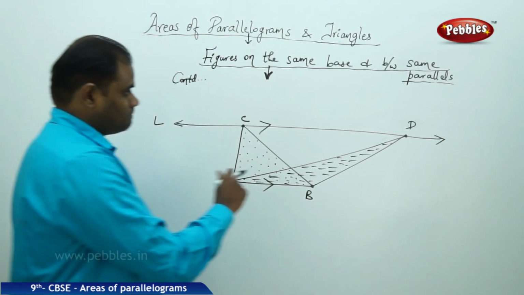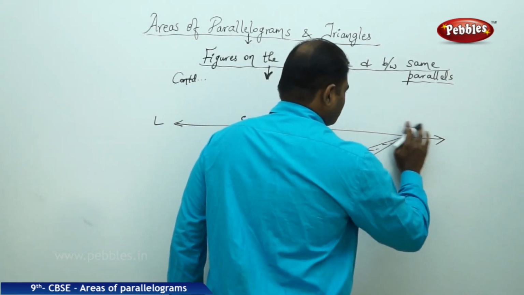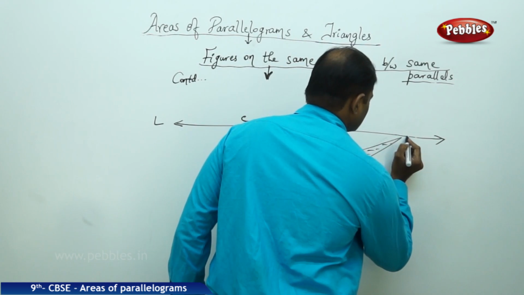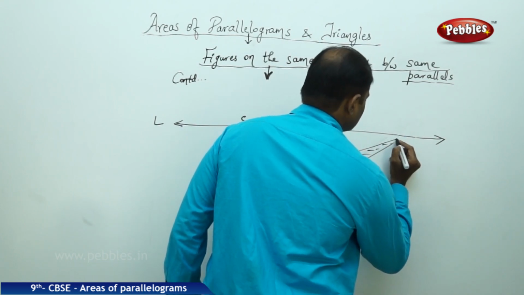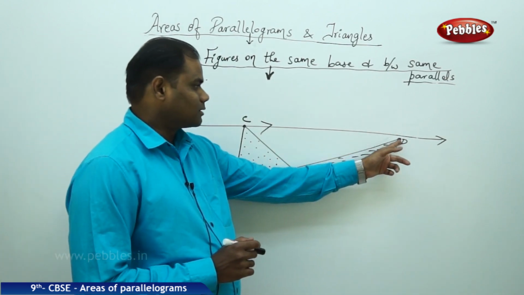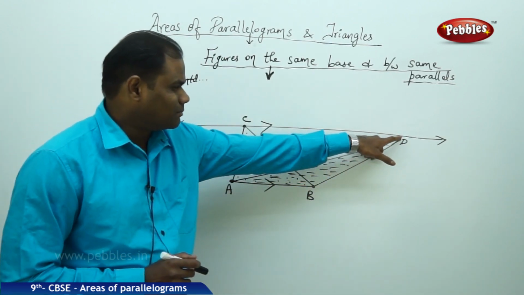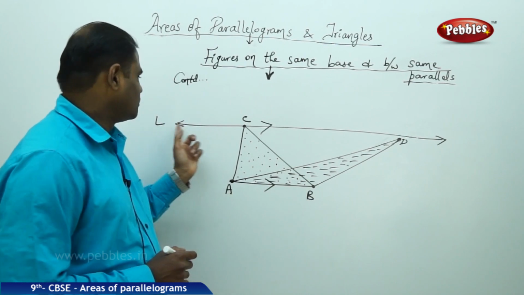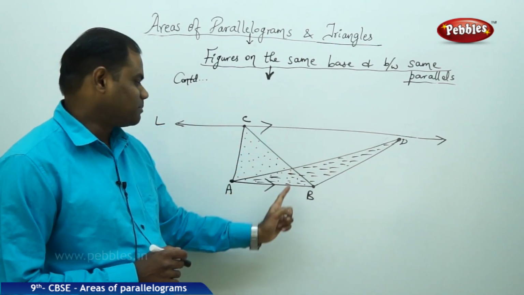So here I have a point D which is down here, not touching the line L, the line which is parallel to this.